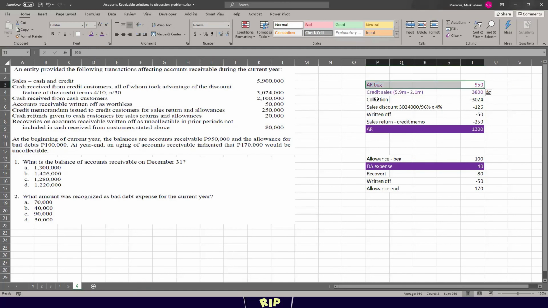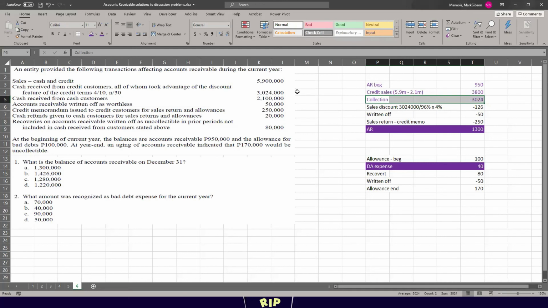Collection of 3,024,000. So that's given. Of course, sales discount. To compute for the sales discount. No? So that's 3,024,000 over 96% multiply by 4% para makuha lang natin yung sales discount element.